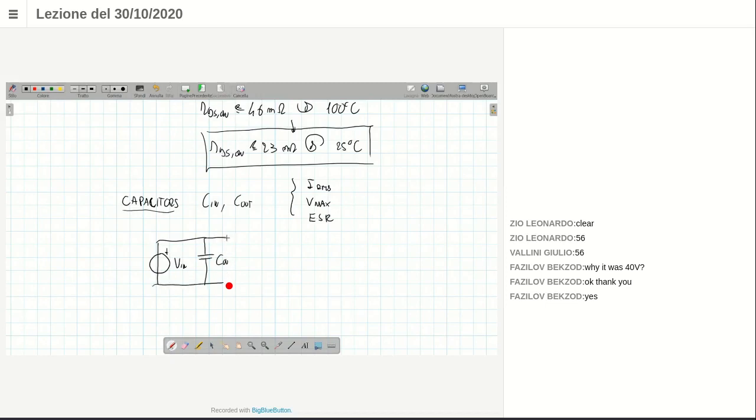This is C in, this is the switch, this is the diode, and this is the inductor. This is the output capacitor, and this is the output current.